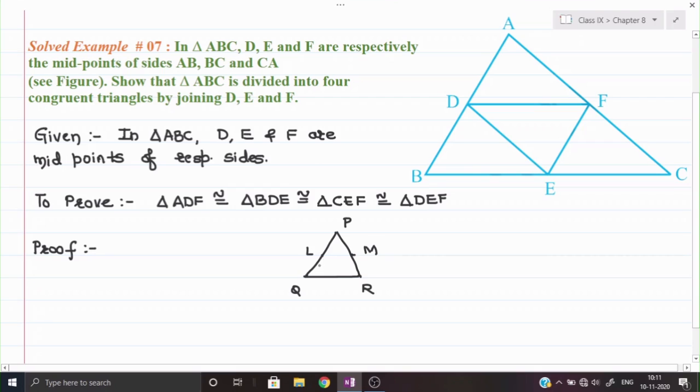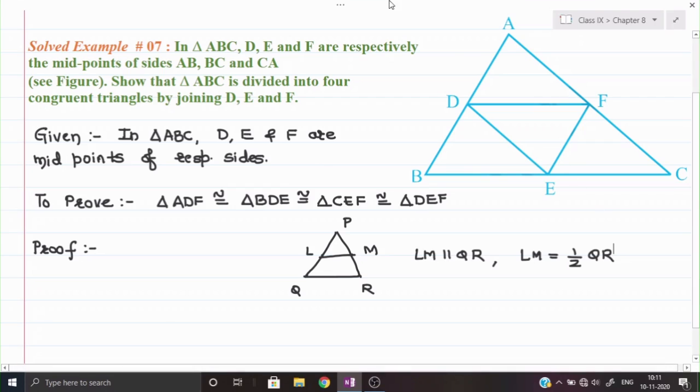L is the midpoint of PQ, M is the midpoint of PR. That is given. So when you join the line LM, then LM is parallel to the opposite side QR, and LM will be half of the side QR. Whichever side is opposite to LM, it will be parallel to that and half of it, that we know.